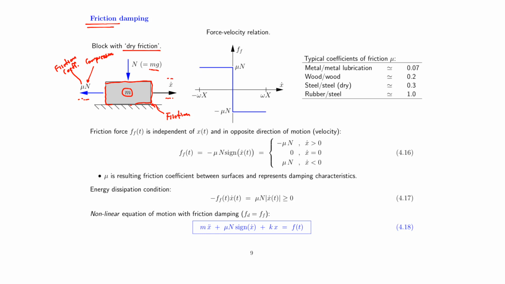But in principle, this mu N could be a single parameter. So you will mostly see mu N simply combined into a single parameter.